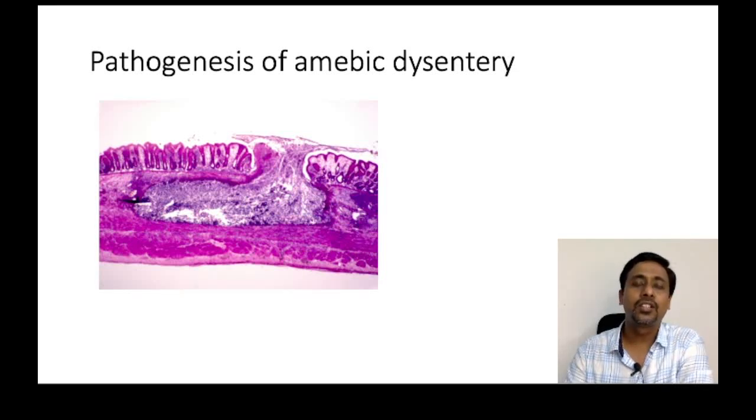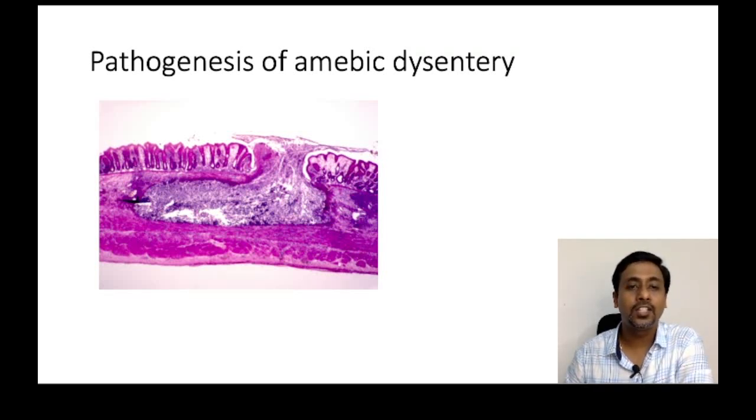Once it enters our body through contaminated water and food, it reaches the intestine, and in the large intestine it forms the trophozoite, which then enters the mucosal layer of the large intestine through the crypts of Lieberkuhn.